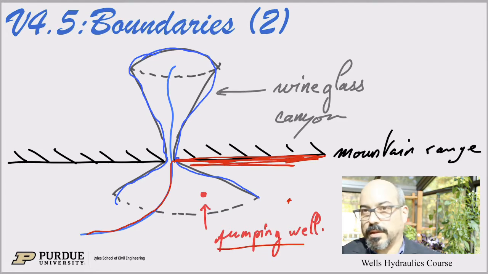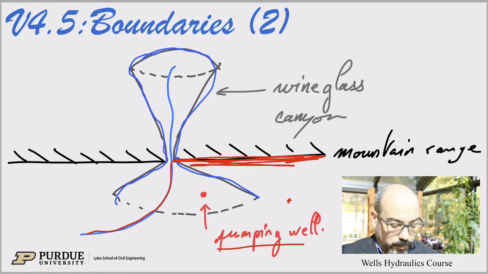So the question is, how do we represent this with our simple setup of imaginary wells to represent boundaries? Now we have recharge boundaries and no-flux boundaries. How do we deal with those? Well, we deal with them very simply, like we've done before.